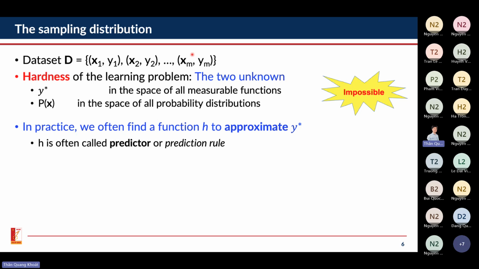One way we often use is to use a simpler function to approximate the unknown function, right? This simpler function is one we can easily work with in practice. Sometimes we call this function a predictive model.